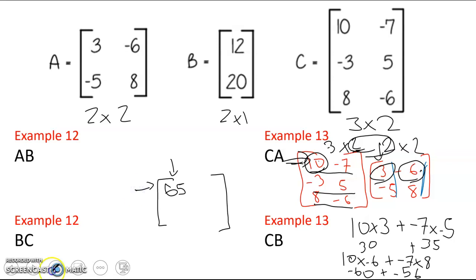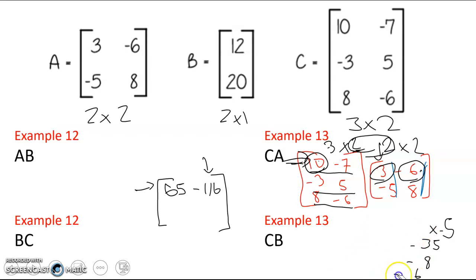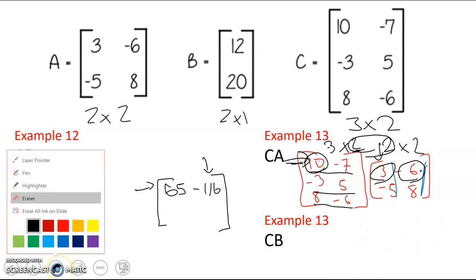We did the first row, but this time we did the second column, so we know that it is going to go right here, negative 116. All right. If you need to pause it to get this work, do that. I'm going to go ahead and erase it just so I can work out some of the other stuff as well. And again, that was just for the first row up top there.